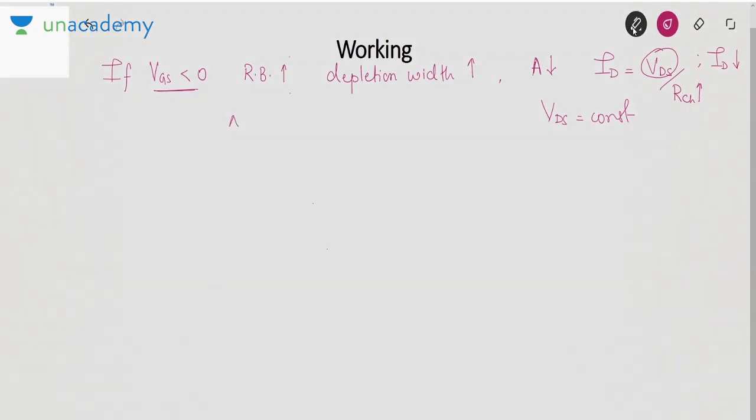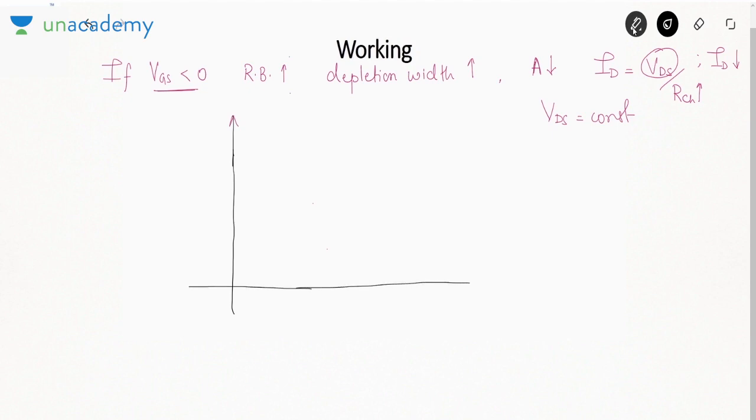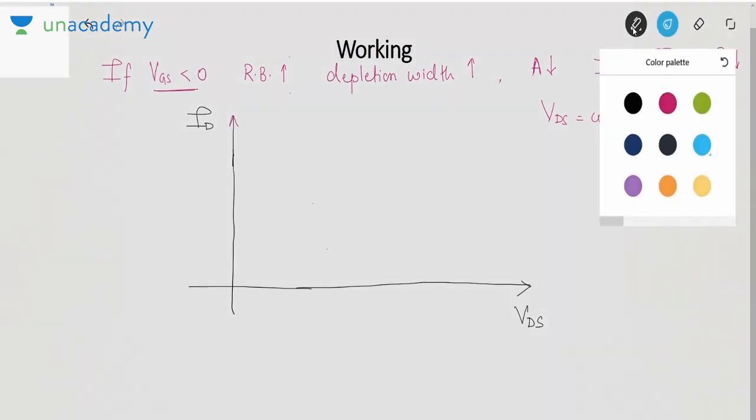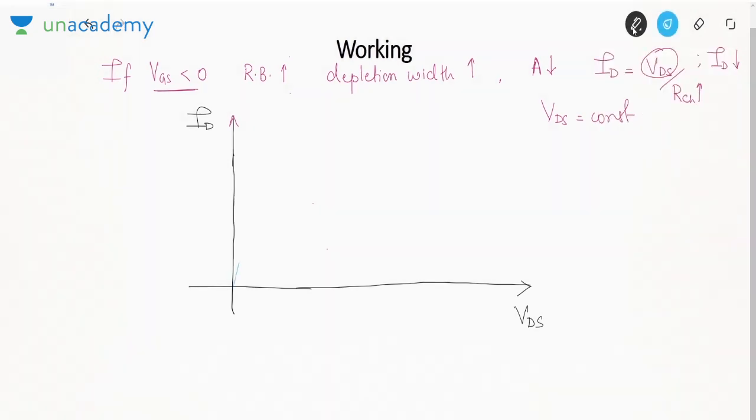So based on that, what happens? If we draw the characteristics, suppose this is drain current, this is drain to source voltage. What we saw just now is a characteristic like this, but we were keeping VGS equal to 0.